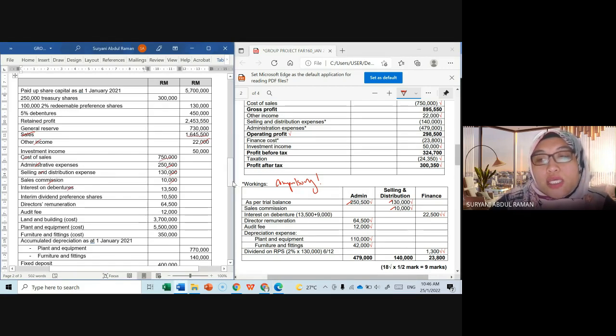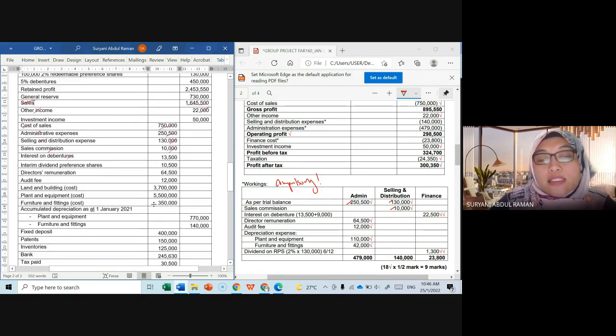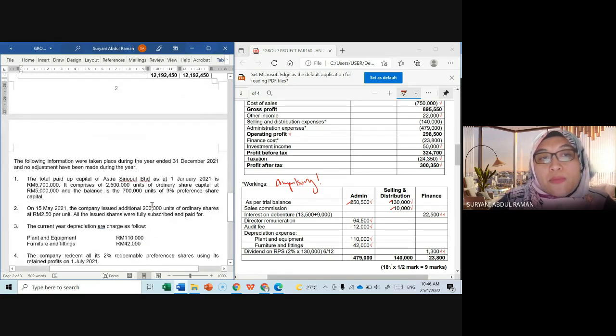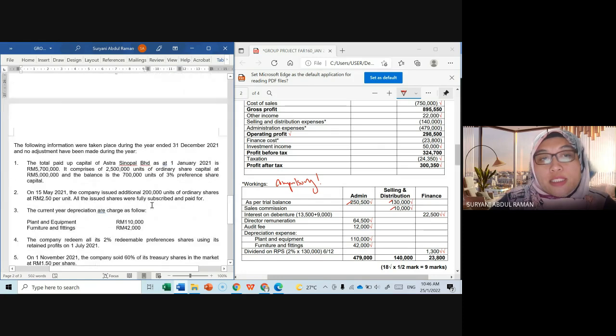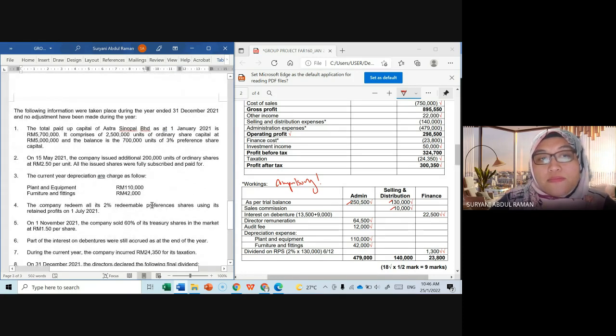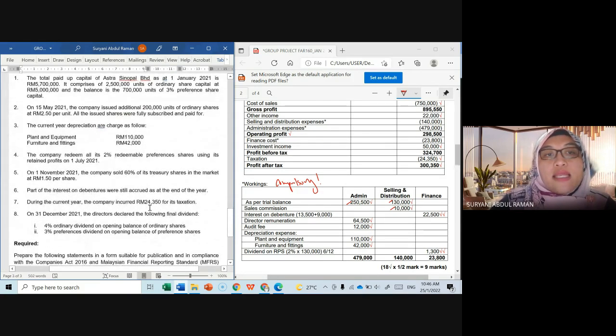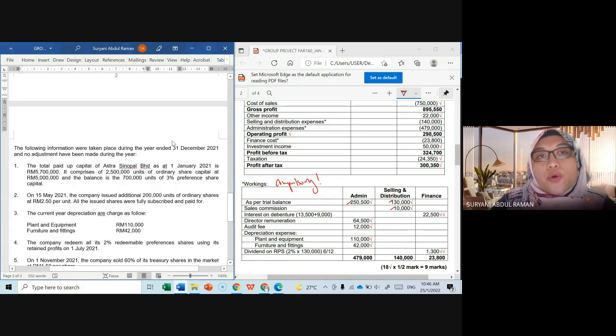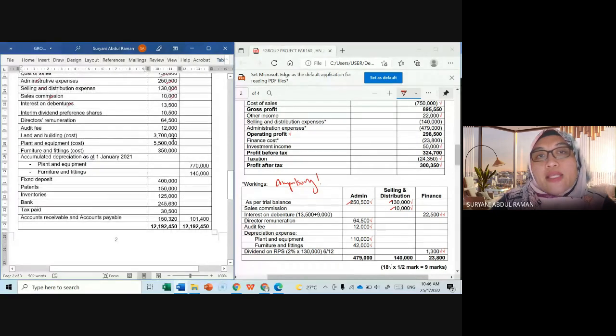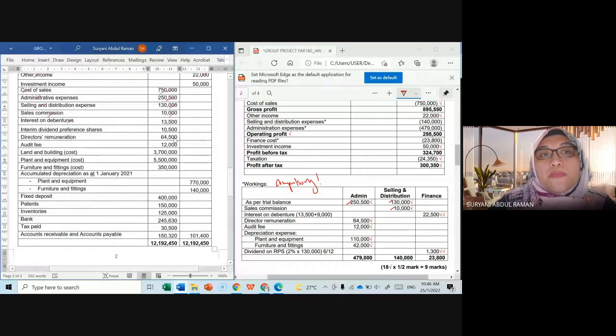But please take note, usually interest on debenture has an adjustment. If you look at the additional information, number 6, it says that part of the interest on debenture was still accrued as at the end of the year. So what you need to do is that additional interest on debenture needs to be added. You have to add a little.